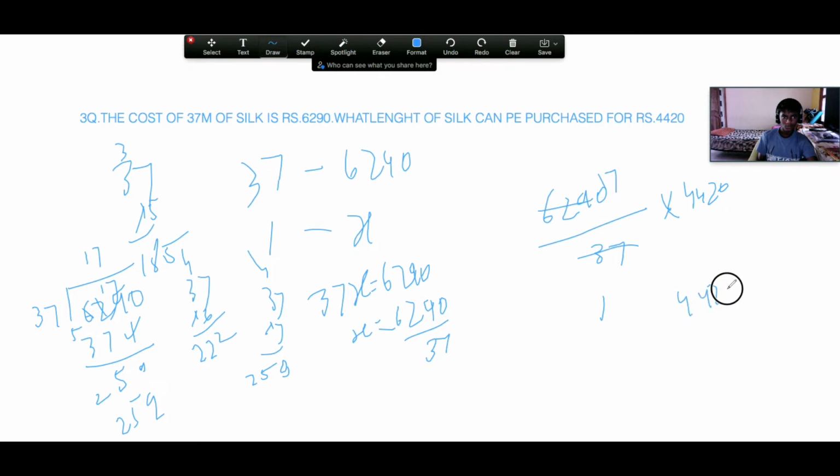So 4420 into 17. 7 2s are 14, 7 4s are 28, 29, 7 4s are 28, 30, 0, 2, 4, 4. It's 404, 9 plus 2, 11, 7 5s, 7 5 1 4 0.